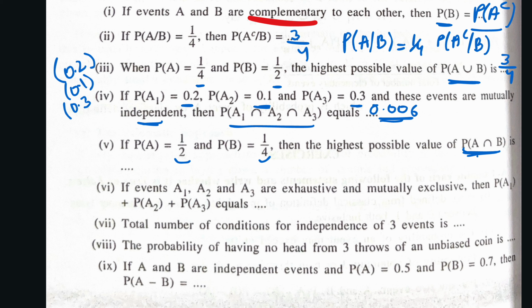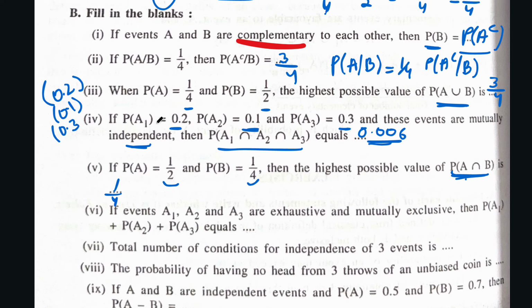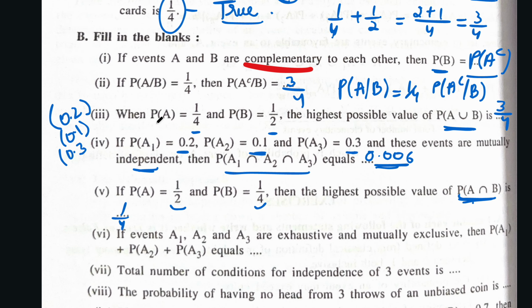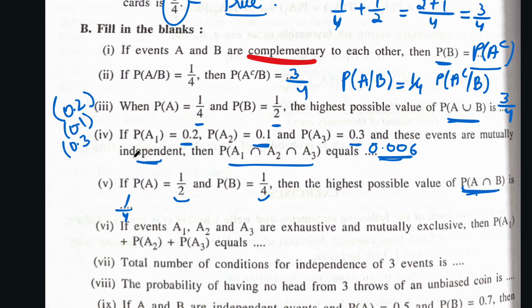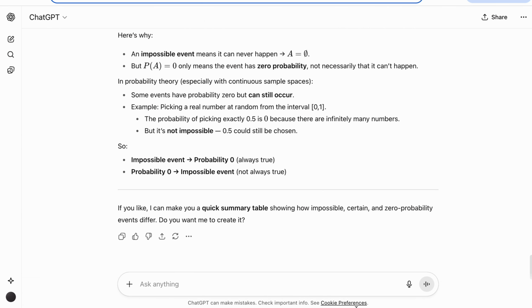The highest possible intersection between them shall be 1 by 4, then I think. Or else 3 by 4 they're already taking. They cannot definitely take more than that. I don't know. Let's ask.